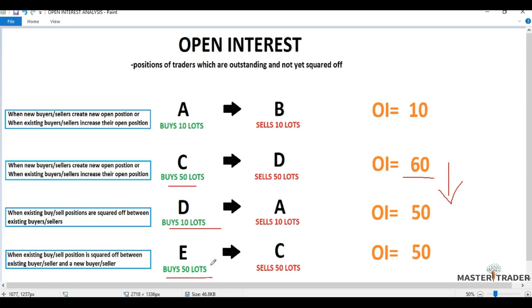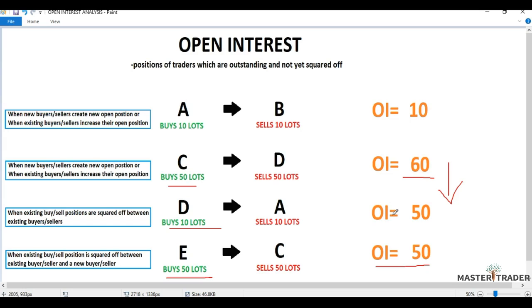Because there was a transaction between a new trader and an existing player, the open interest will not change. These 50 lots have simply gone to a new player, E. There is basically no exchange of new shares. E was simply buying the 50 lots from C, who had them earlier.